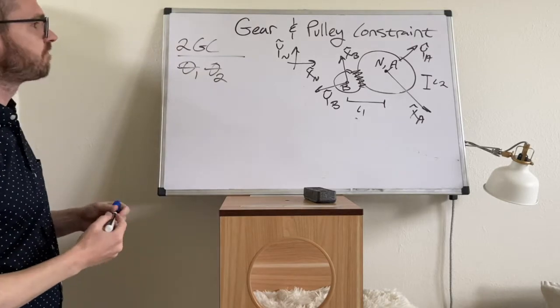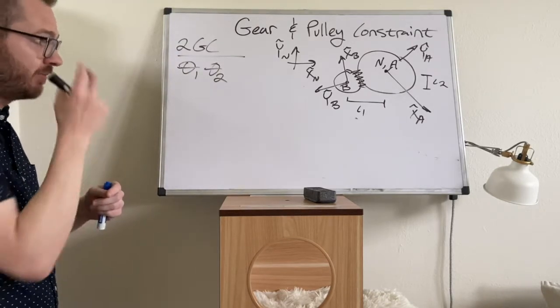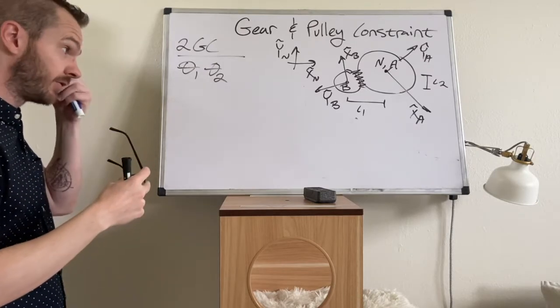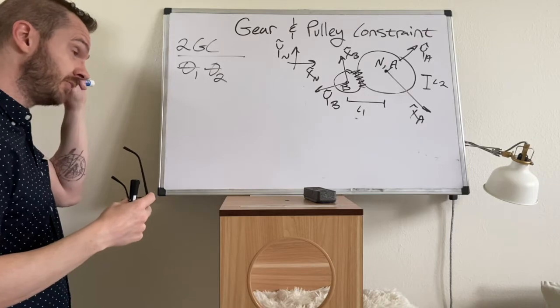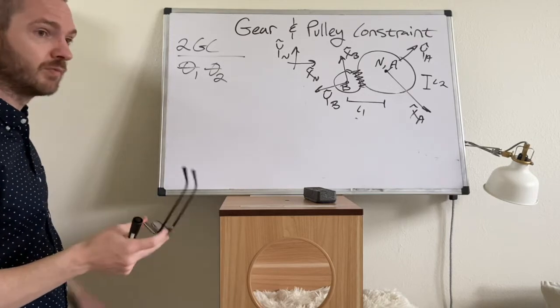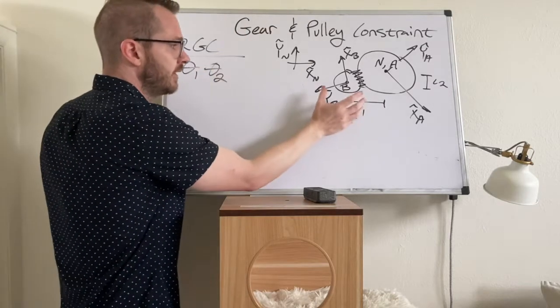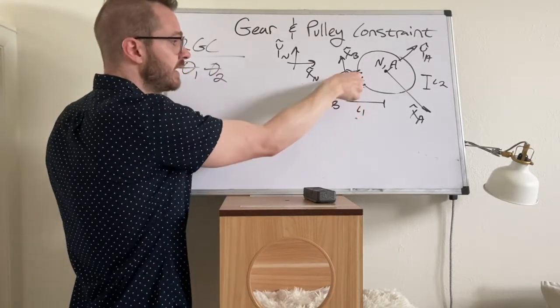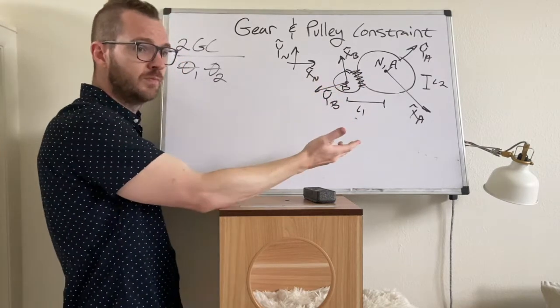That's it. Now, by intuition, how many degrees of freedom are in this problem? Well, remember, degree of freedom just means independent coordinates, right? So the coordinates are theta 1 and theta 2. If I were to reach out and grab gear B and spin it with my hand, I would be changing theta 2.